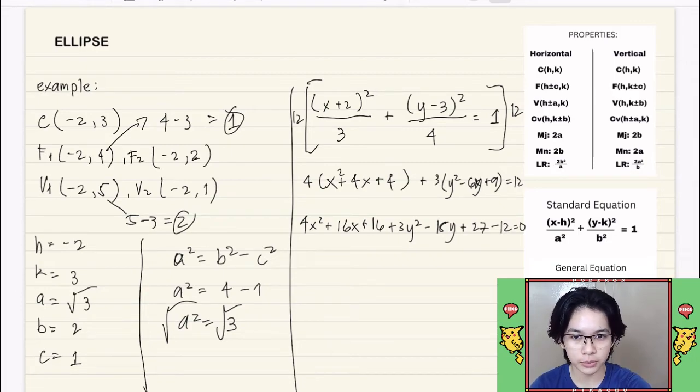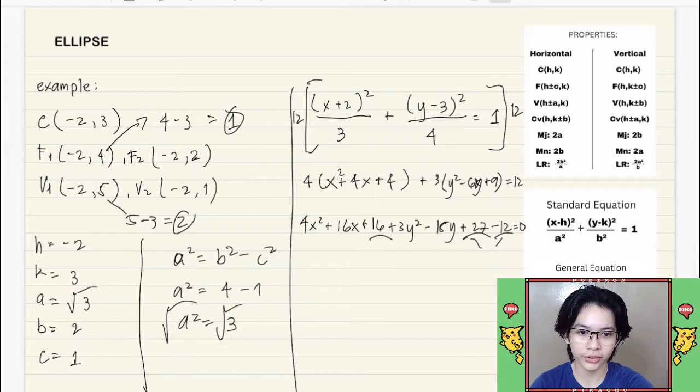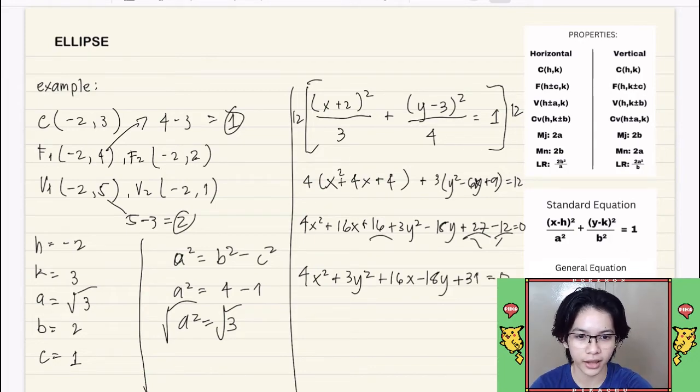The 12 is transposed to the other side, making it negative. Now, we can combine the like terms. 16, 27, and negative 12 are similar, thus we combine them, which will give us 31. After this, we arrange them according to the general equation. Now we have 4x squared plus 3y squared plus 16x minus 18y plus 31 as the final answer.